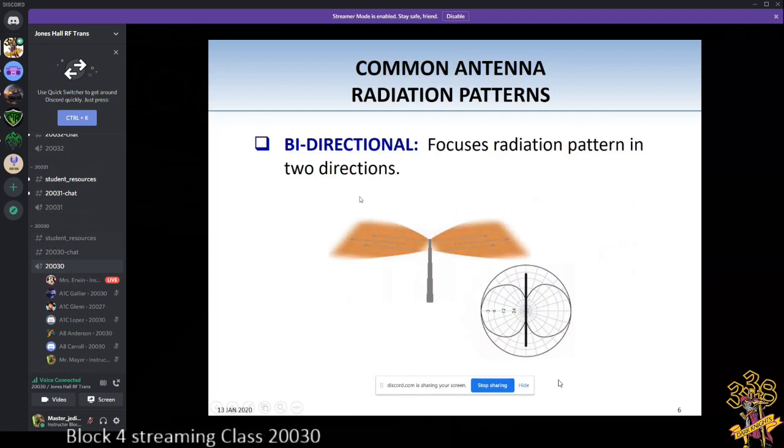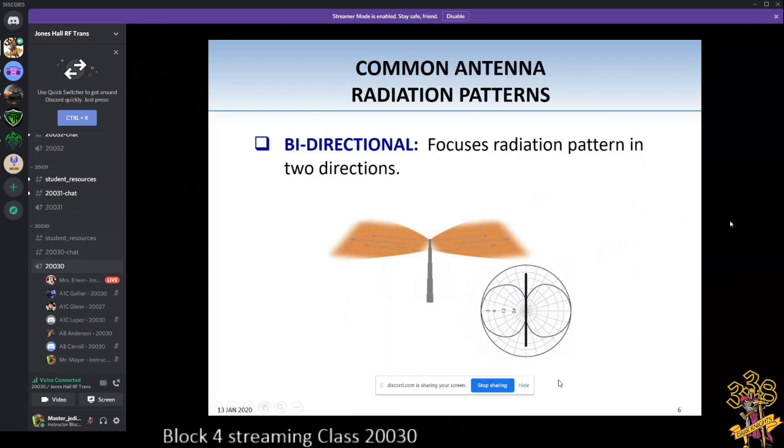Bidirectional. A bidirectional antenna is going to focus that radiation into 2 directions. So instead of spreading it out 360 degrees all the way around, it's going to focus it in 2 directions. What does that do for the gain of the antenna? That would increase the gain, wouldn't it? Increases the gain.